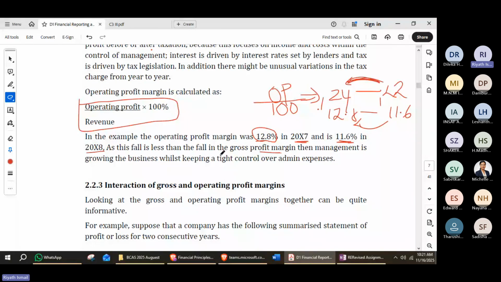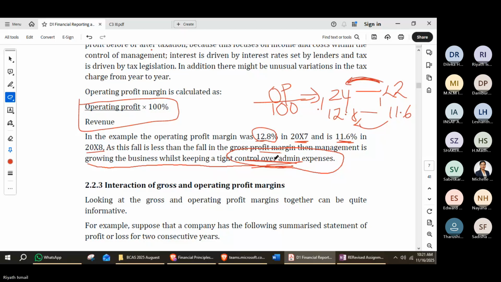As this fall is less than the fall in the gross profit margin, management is growing the business while keeping tight control over the admin expenses. Even though there is the uncontrollable cost of sales and other things, management has done a great job controlling admin and other related costs.